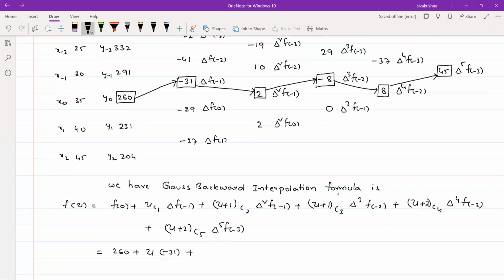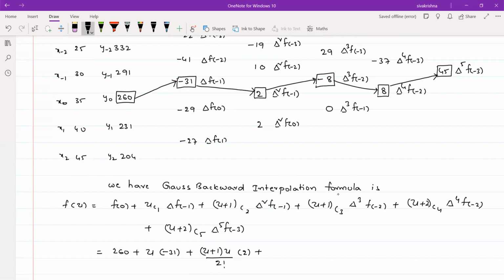So u plus 1 c2 means we have to write the two factors in the numerator by subtracting one from each factor, starting with u plus 1. It means we have to write u plus 1 into u by 2 factorial into delta square. So the value of delta square is 2.